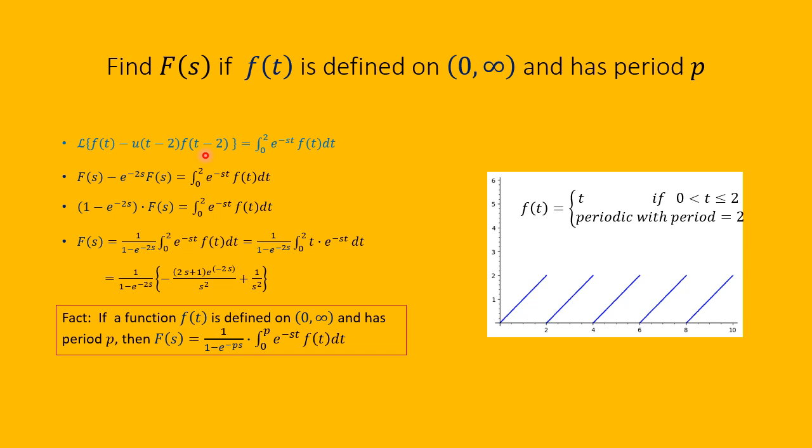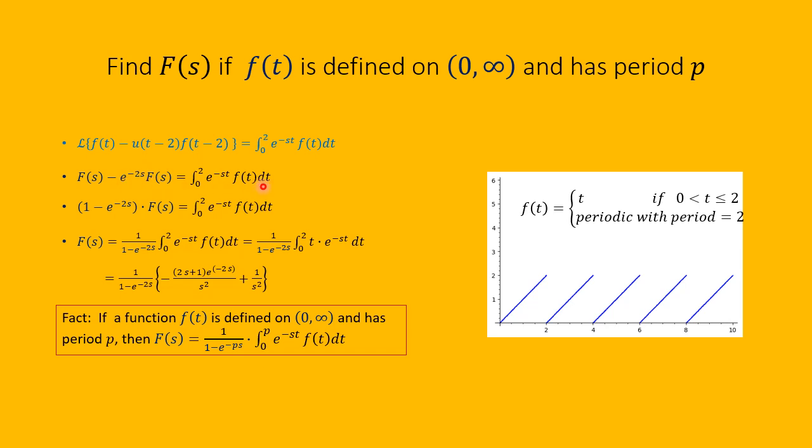By our properties of Laplace transforms, we know that the Laplace transform of this is e to the minus 2s capital F of s. And on the right-hand side, we have the integral representation of the Laplace transform of this side, realizing that the integrand was only non-zero between 0 and 2. And so we now have this formula.